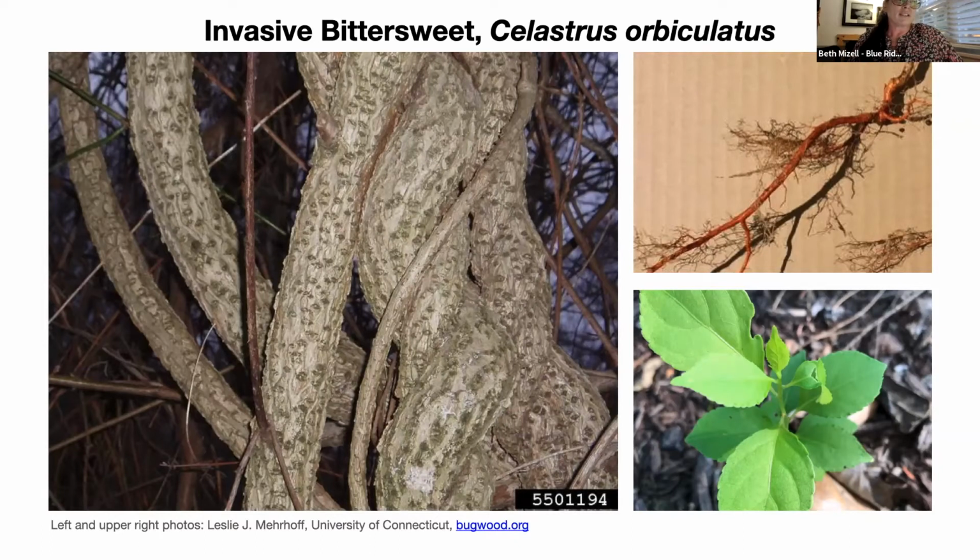Some ways to identify it: it has a reddish root, as shown in the upper right photo. The bark is often light gray and silvery or light brown with obvious spots or lenticels. It often wraps around the trunk, girdling the tree. The berries are green now, but will turn orange and split to reveal red berries in the fall. And we'll see a picture of that later in the presentation.